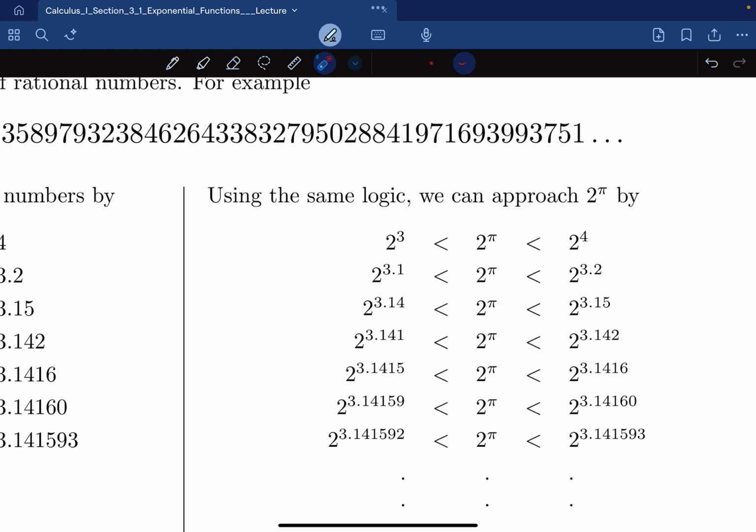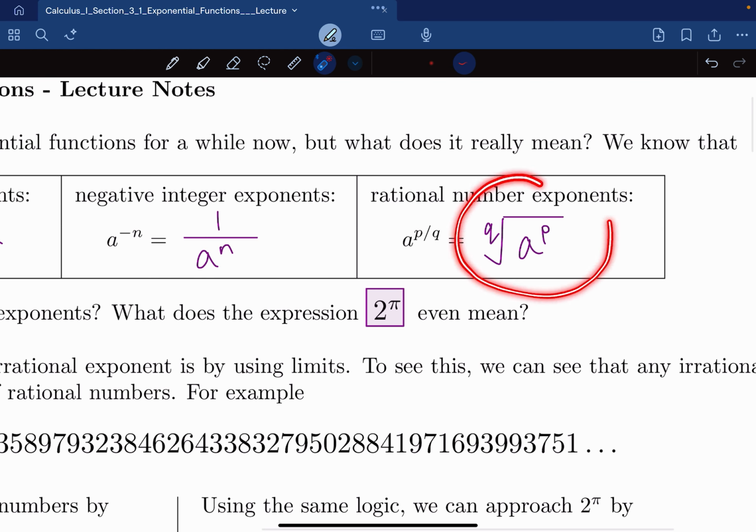Similarly, I can move one more digit. Again, I don't know what 2 to the pi is, but I know it's going to be bigger than 2 to the 3.1 power and less than 2 to the 3.2 power, because all of these are rational exponents, which are defined using this thing here.